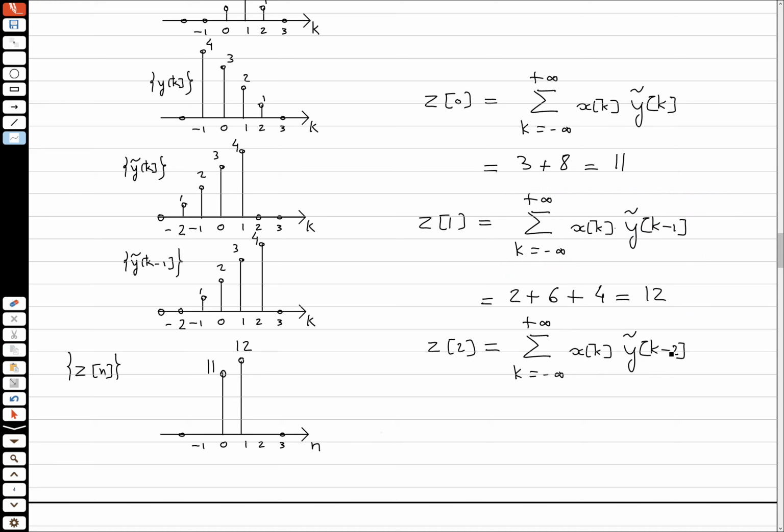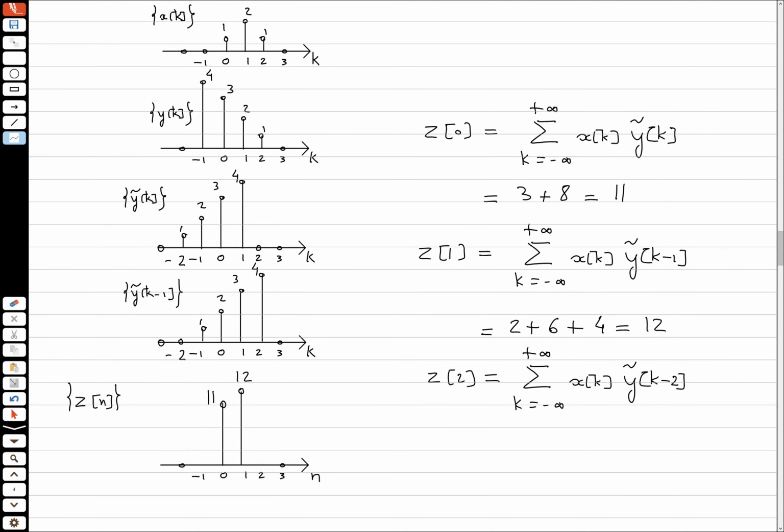You can start doing that mentally. You look at y tilde of k. When you shift this by 2, this guy falls here, and you get 1 times 1. This one falls here, you get 2 times 2, so it's 4. This guy falls here, you get 3 times 1, which is 3. And then you get 0 after that. And then you find 8.